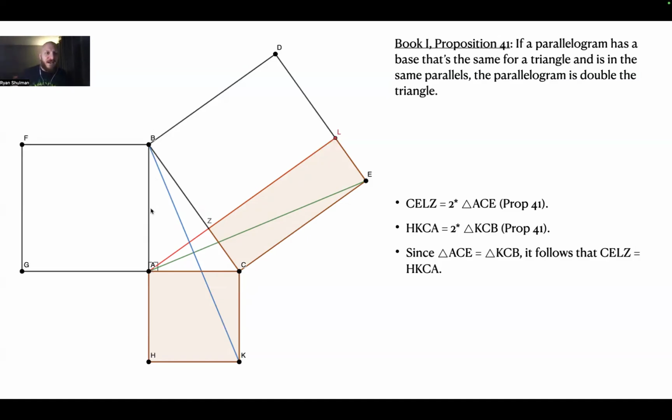So KC and HB are parallel, and since both HKCA and triangle KCB share the same base and are between those parallels, HKCA is twice triangle KCB. And because on the last slide we had shown that triangle ACE is equal to triangle KCB, it follows that rectangle CELZ is equal to square HKCA. So these brown-orange areas are the same.